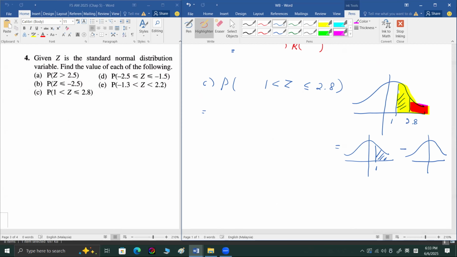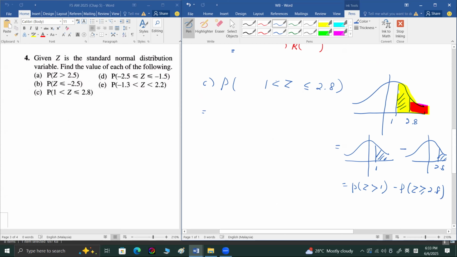If I minus 2.8 here, the area to the right of 1 minus the area to the right of 2.8, I get the shaded region, right? So what I need to do is Z greater than 1 minus Z greater than 2.8. You get these two minus.